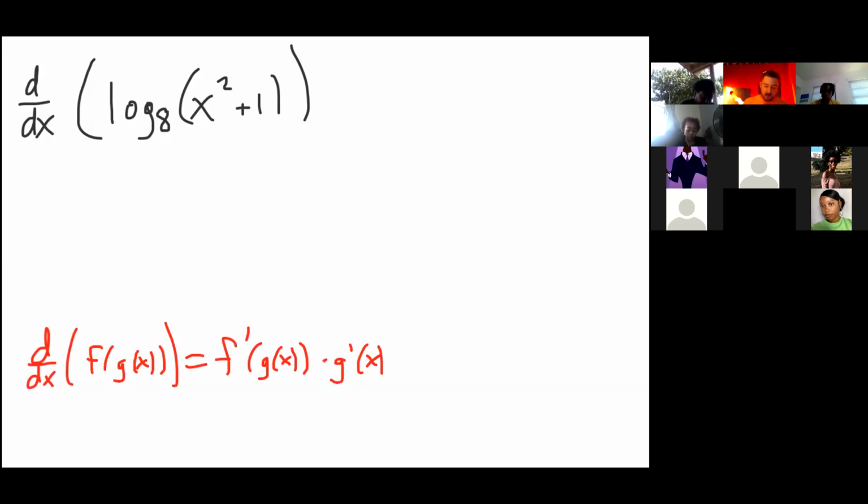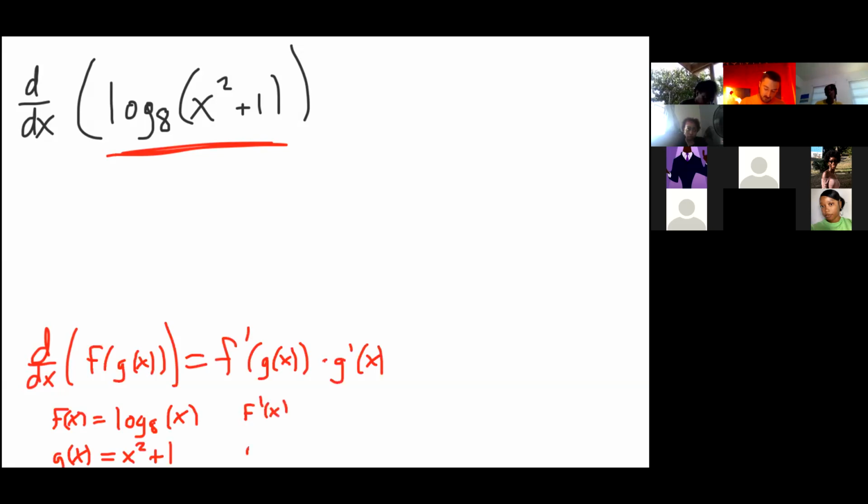So if I look at log base 8 of x squared plus 1, my outer function would be log base 8, and my inner function is that x squared plus 1. So I need to figure out, okay, what is the derivative of log base 8 and then the derivative of x squared plus 1? Well, one of those is a little bit easier. That's the derivative of x squared plus 1. And what's the derivative of x squared plus 1 going to be? 2x. Yeah, 2x.